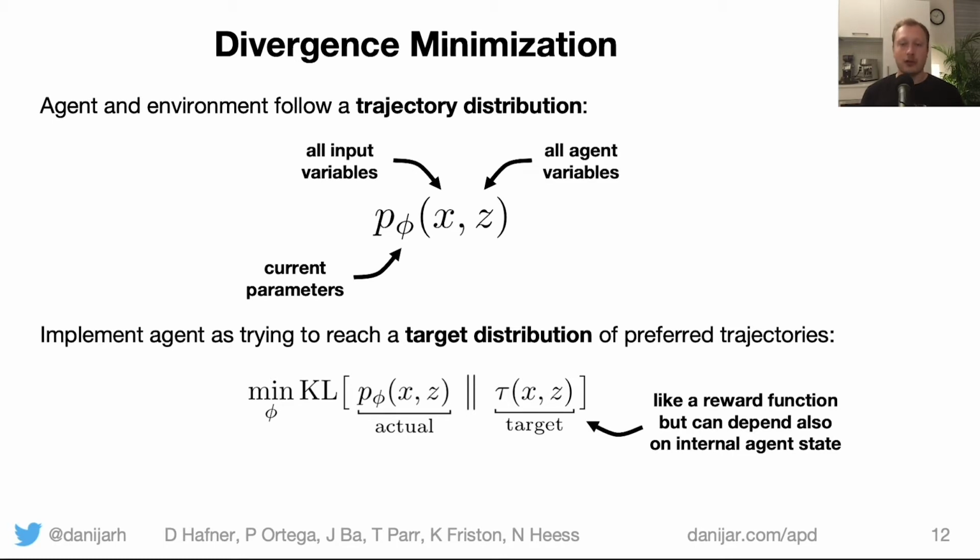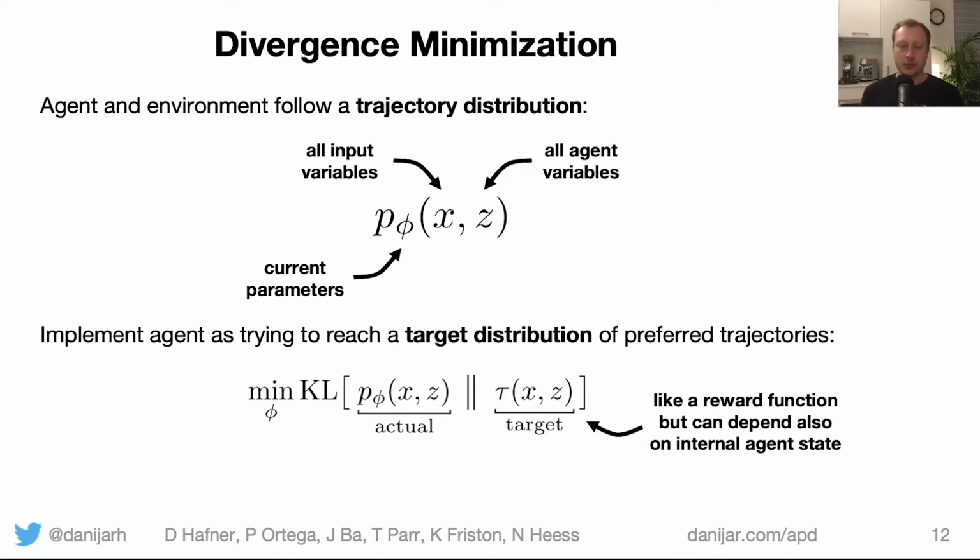For this, we think about the trajectories that the agent prefers, that we denote by the target distribution. We can formulate the agent objective as trying to bring its trajectory distribution towards such a target distribution tau.